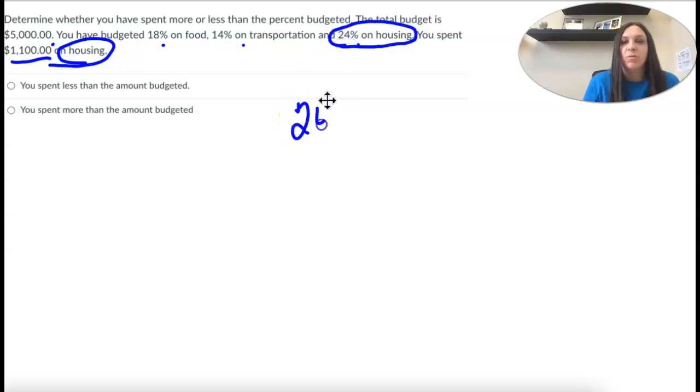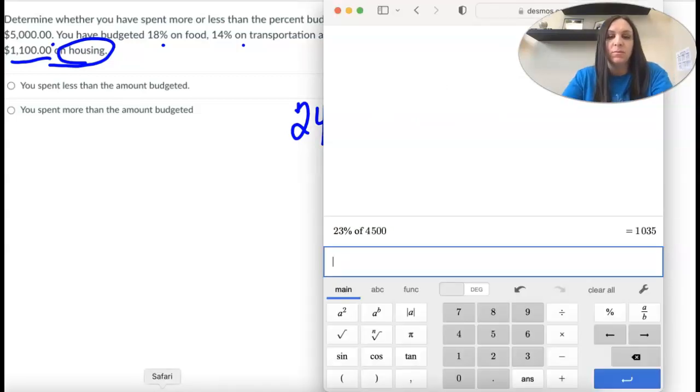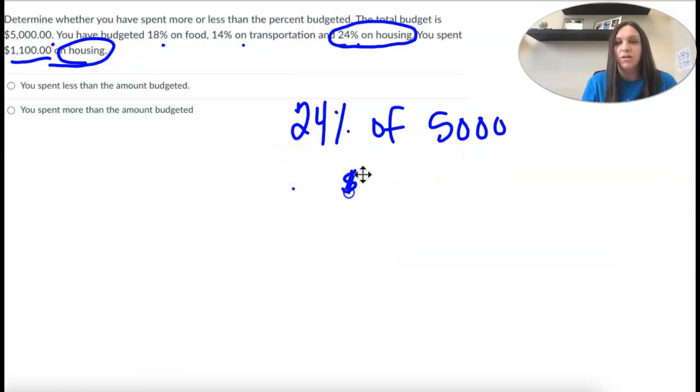So 24% of our budget, which is $5,000, so that's $1,200 is the budget amount, and we spent $1,100. So we spent less than our budget, which is a good thing.